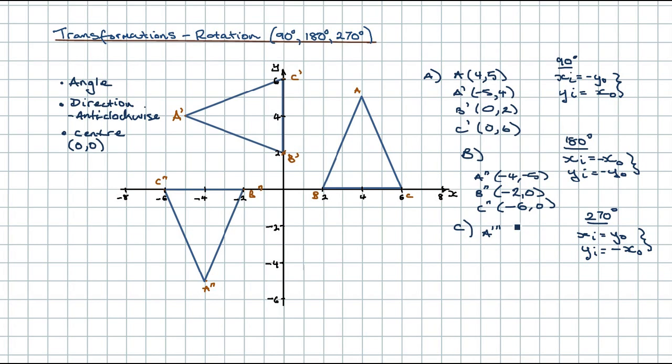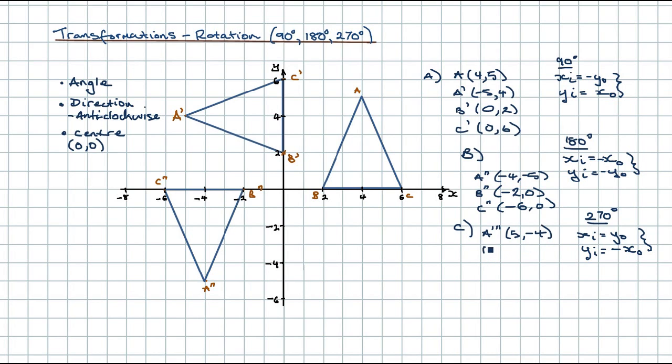So we've got A is 4, 5. So the x component becomes the y component, so it becomes 5. So 5, but negative 4.